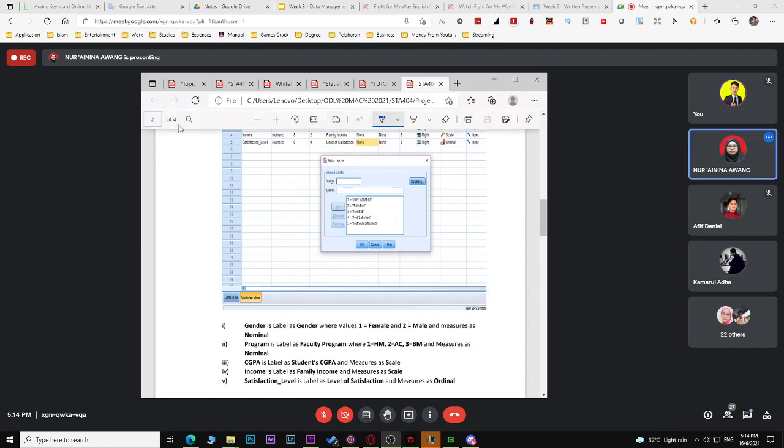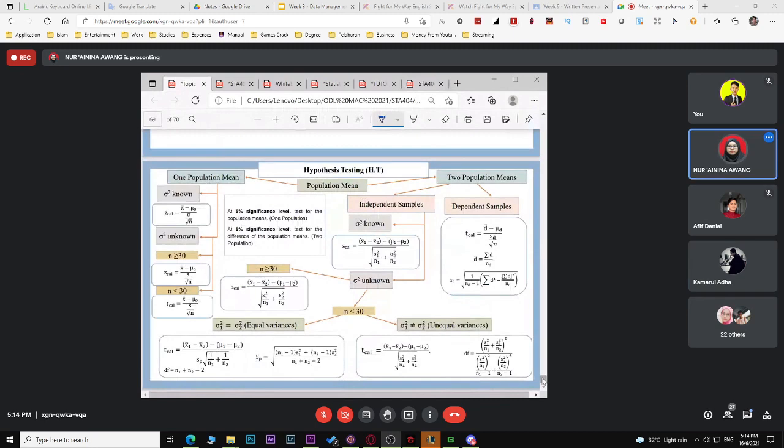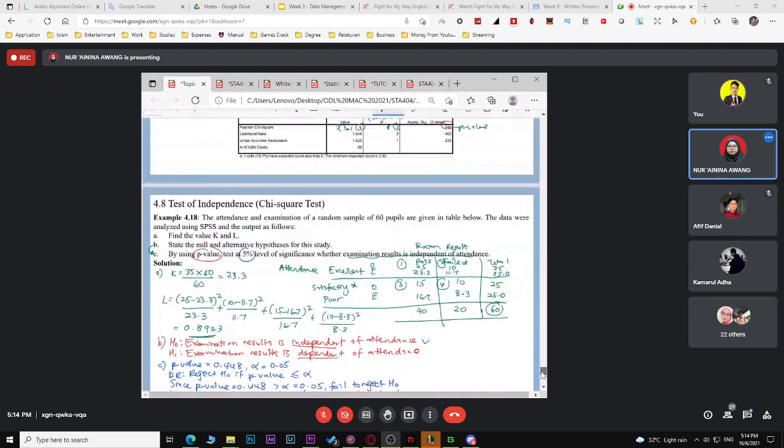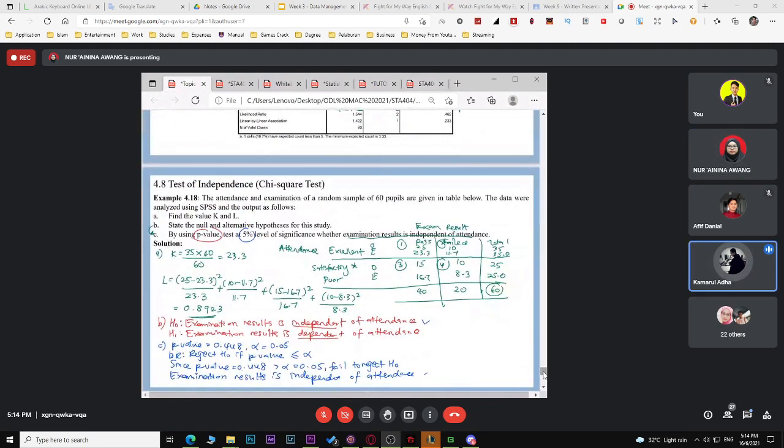Miss, I want to ask regarding the last example. For this question, we have to use the p-value. What if they ask us to use the chi-square distribution?